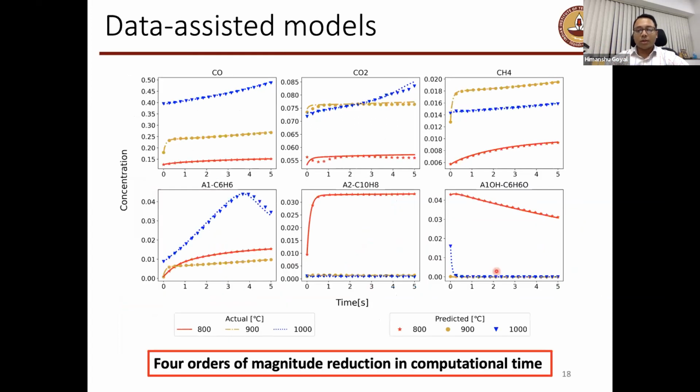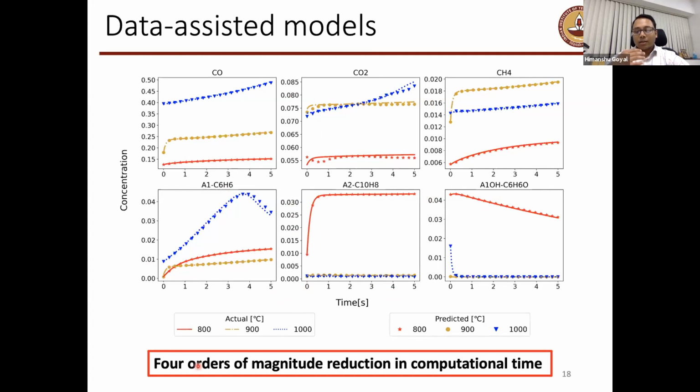Here I'm showing just one graph to show how the RNN model performs compared to the actual results when we solve a full detailed kinetic model using ODE solvers. You can see a lot of these major products like CO, CO2, methane, and different aromatic species. We can predict all of these at different temperatures for transient evolution.